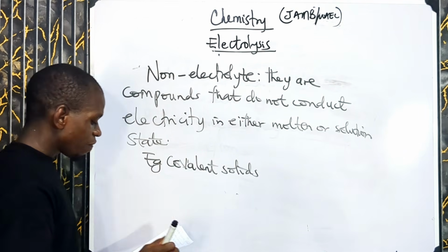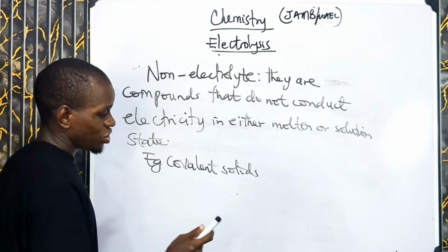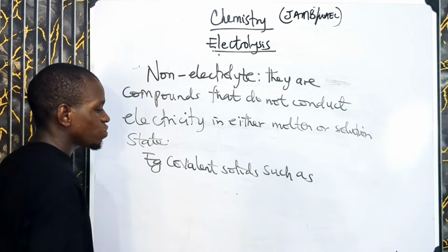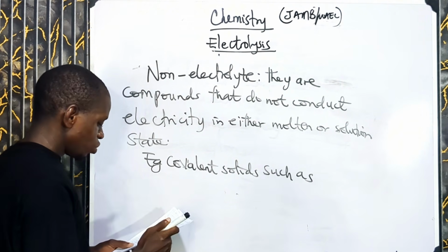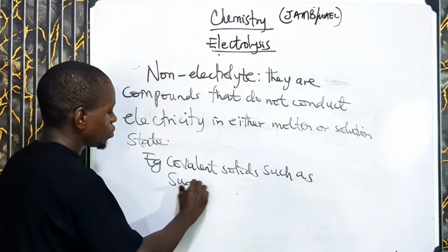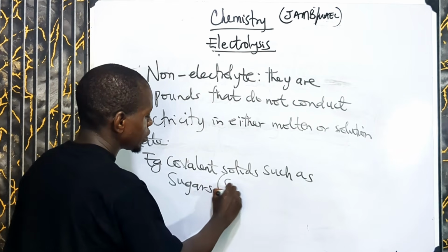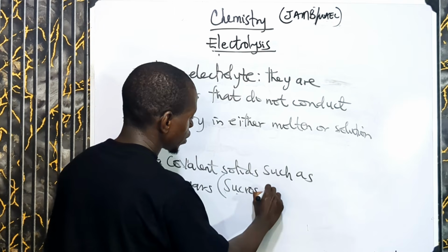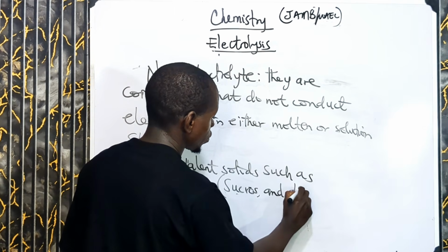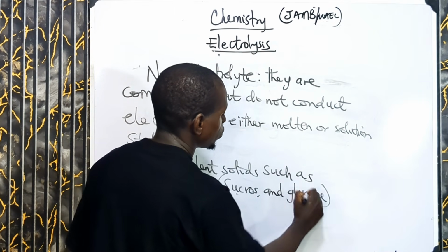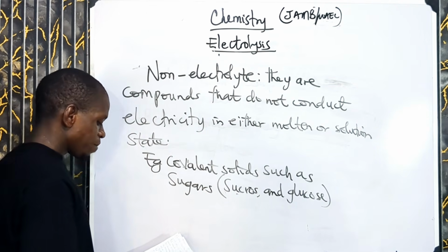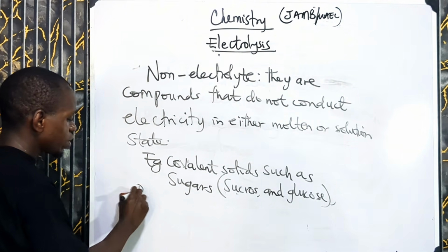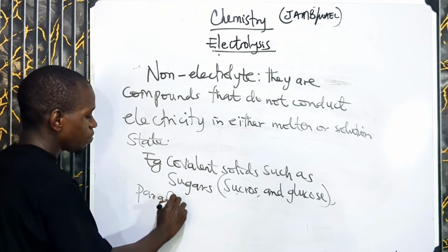The covalent solids that we're talking about are such as your sugars, and the sugars we are talking about are sucrose, galactose, and glucose. Then we also have paraffin wax.